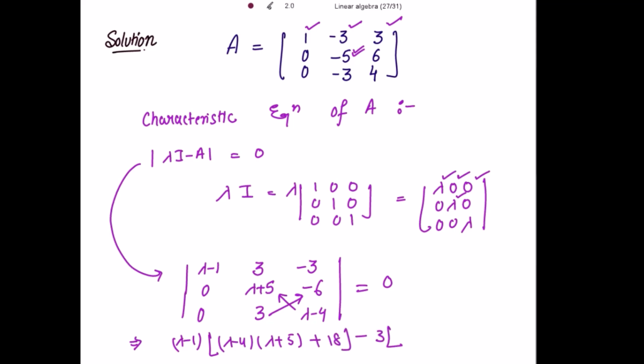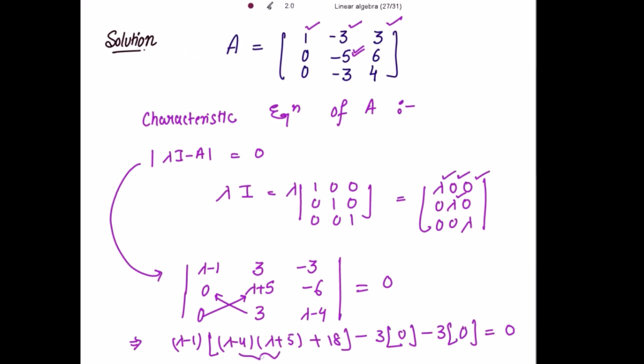minus 3 into, cross multiplying these two, we get 0, minus 3 into, cross multiplying these two, we get 0. That is lambda minus 1 into, multiplying these two, we get lambda square minus 4 lambda plus 5 lambda, that is plus 1 lambda, minus 20.